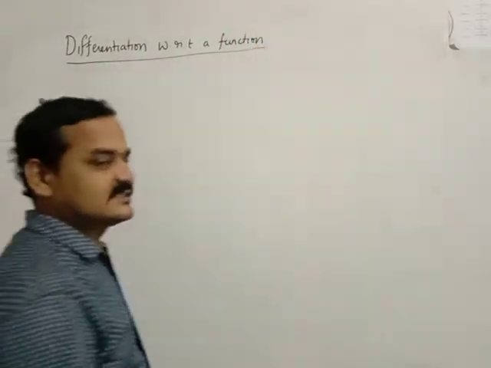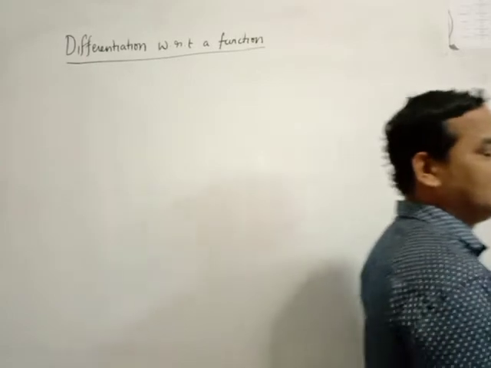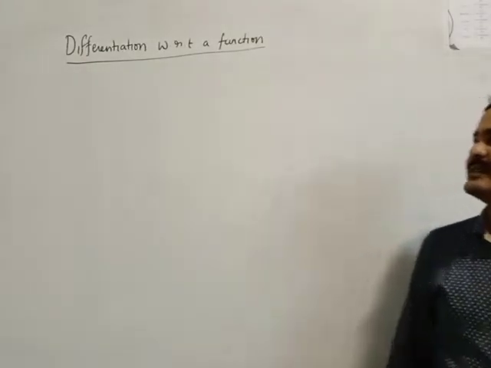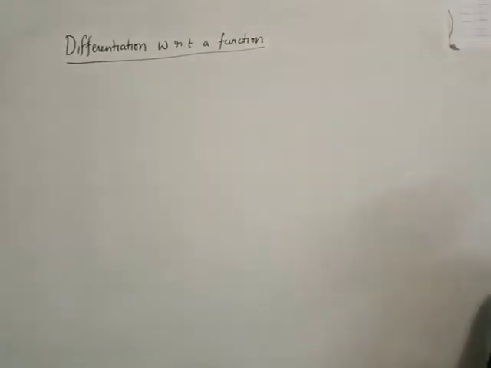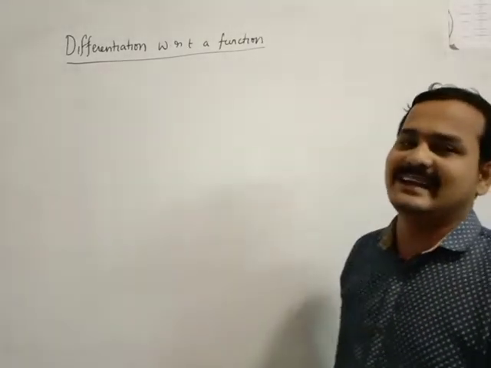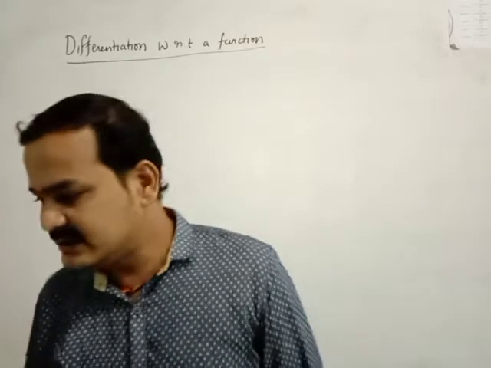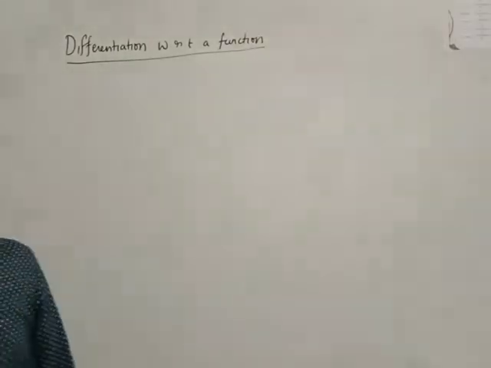It is also the same as the parametric model. Differentiation with respect to a function is also like differentiation with respect to parametric functions. But here you need to treat x as a parameter. Here you need to take that first. What is that? x is a parameter.